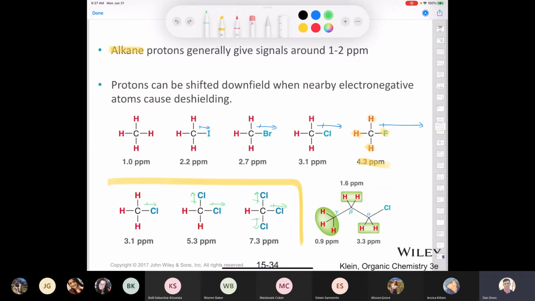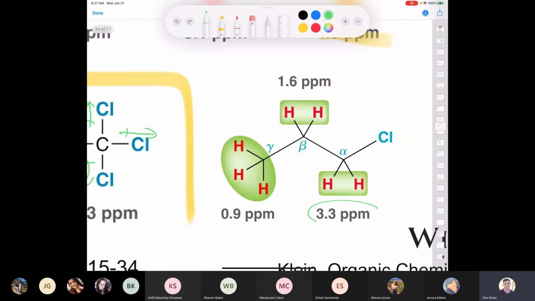If we take a look at this compound here, 1-chloropropane, you notice that on the alpha carbons the effect is the most pronounced. Look at the chemical shift here: it's around 3.3 parts per million. If we go to these beta protons, think about it. The electron-withdrawing effect of that chlorine isn't going to be felt nearly as much by the protons on a beta carbon.